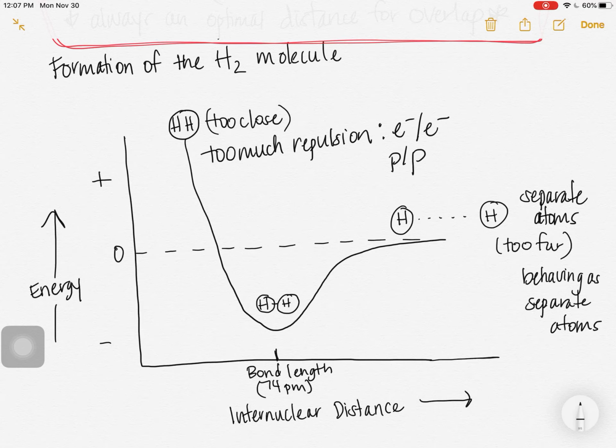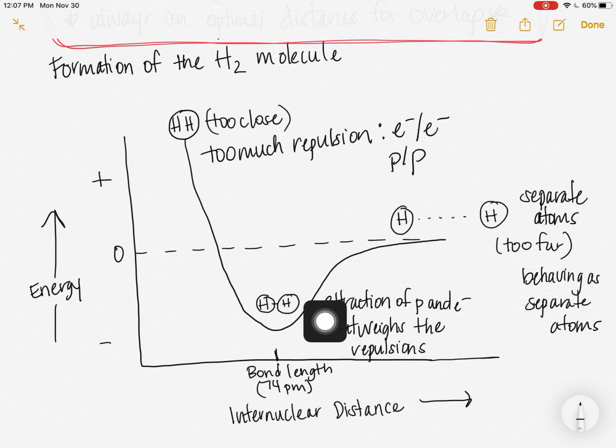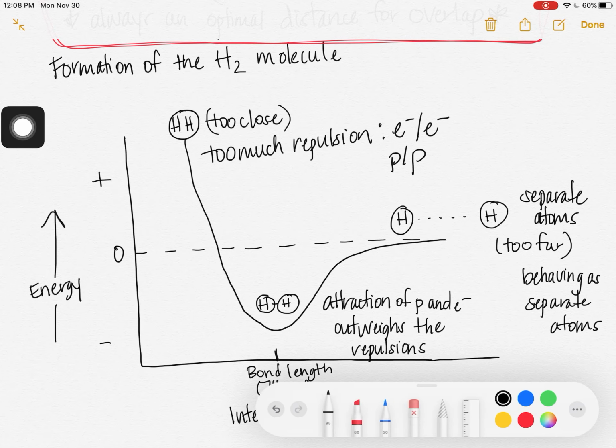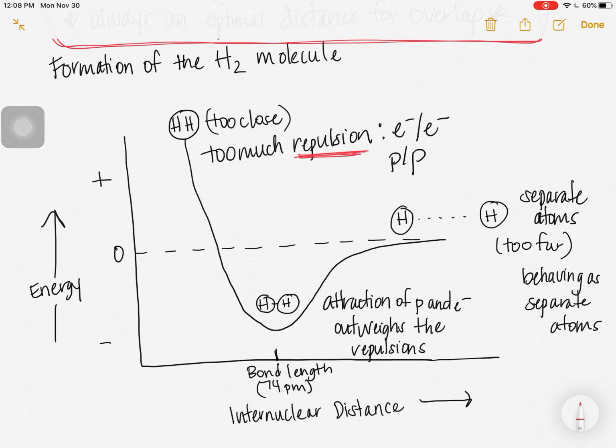And what's happening at the bottom of this well is the distance is just right, because at this point the attraction of the protons and the electrons outweighs the repulsions. So remember, in both the too close and the perfect cases, we have attraction and we have repulsion. It's just when they're too close, repulsion wins. And when they're just right, the attraction wins.